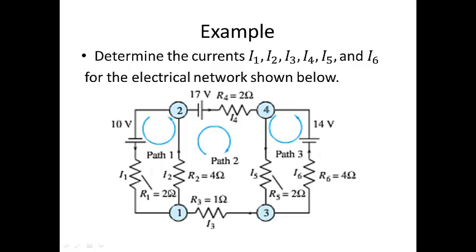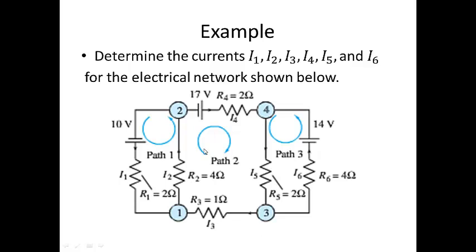I1 times 2. So we have 2I1 plus 4I2, and that will be equal to 10. The sum of the products IR must be equal to the total voltage in the path. 2I1 plus 4I2 must be equal to 10.